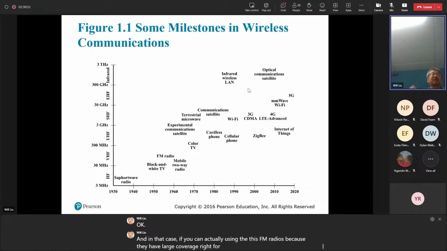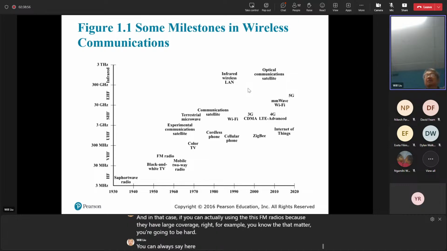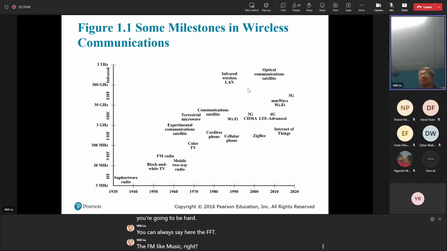For example, it doesn't matter which part of Auckland, you can always hear the FM music, the national channels. It doesn't matter if you're walking or driving, whenever you want, you turn to the frequency, you can always listen. They are playing something.